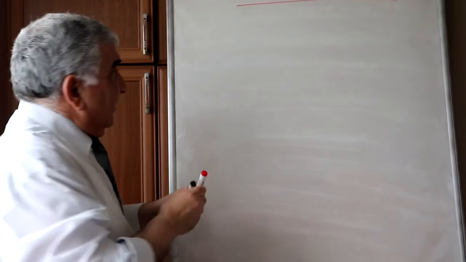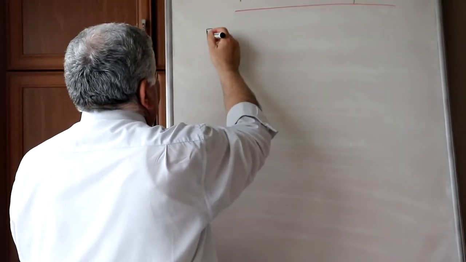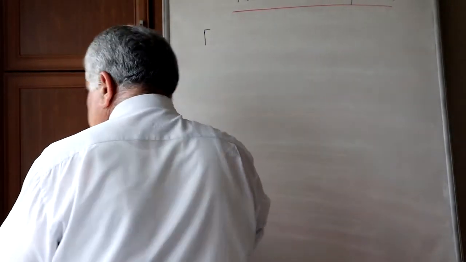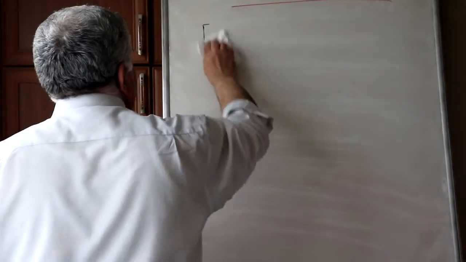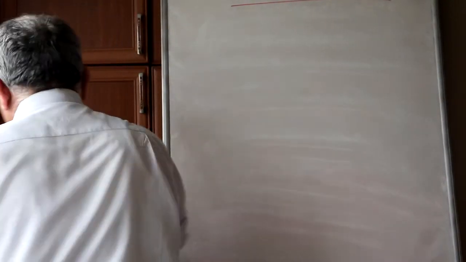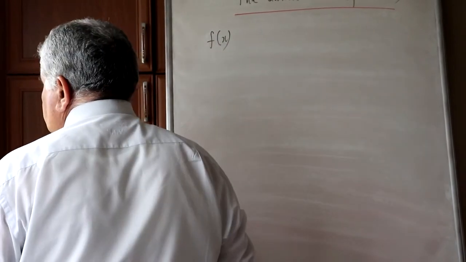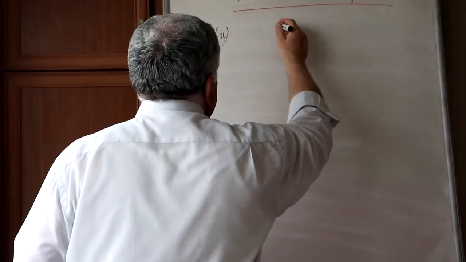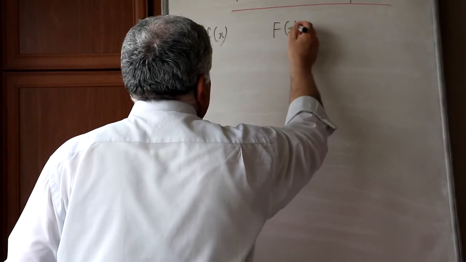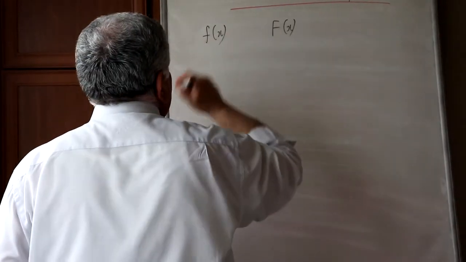The antiderivative f capital of x of the given function f little of x is such a function f capital of x whose derivative will give the f little of x.